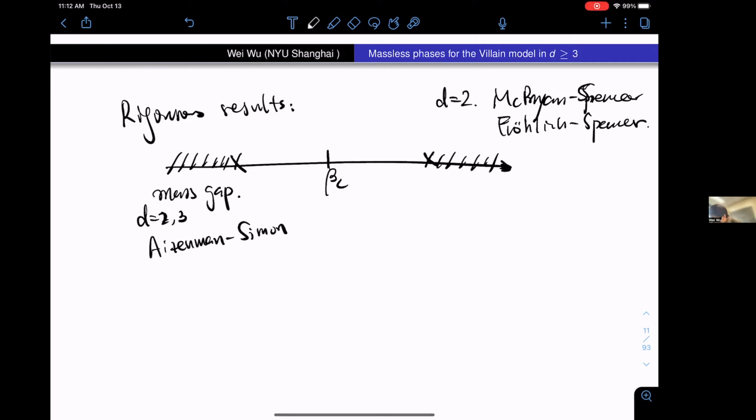It would also be very interesting to make it more precise. In dimension greater than or equal to 3, as we will explain later, there are results about the existence of the symmetry breaking phase, the long-range order, back in the 70s by Fröhlich, Simon, and Spencer.